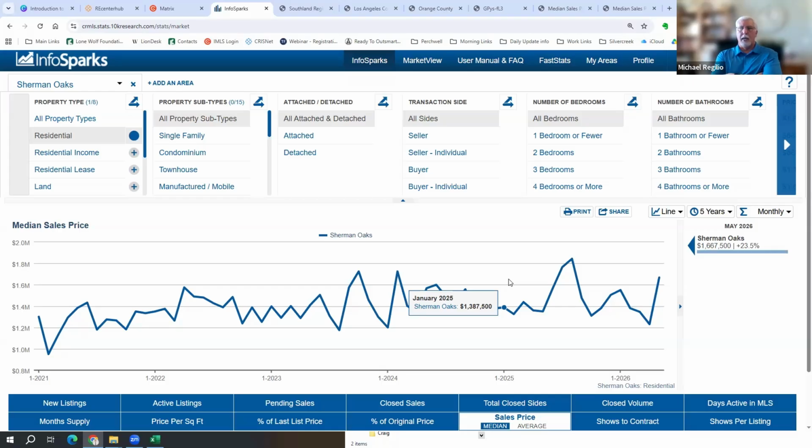It doesn't factor anything in other than flat out across the board. This is whether it was uninhabitable or solid gold fixtures all the way through. It doesn't differentiate between either one of those home properties.